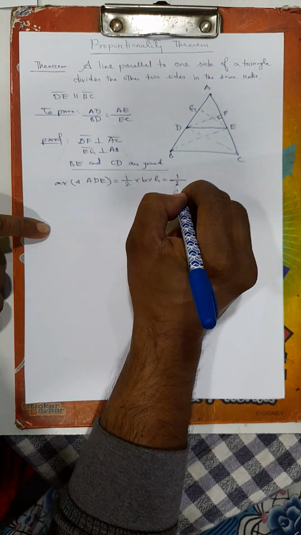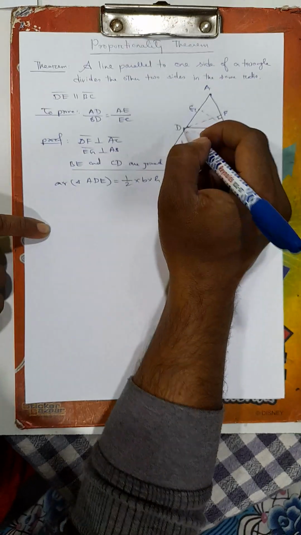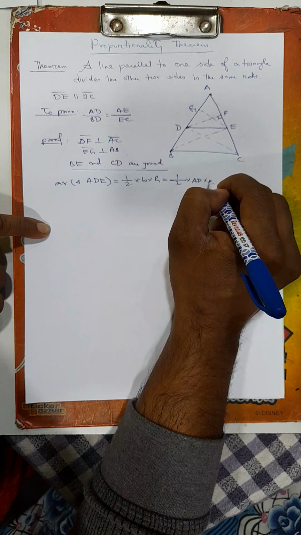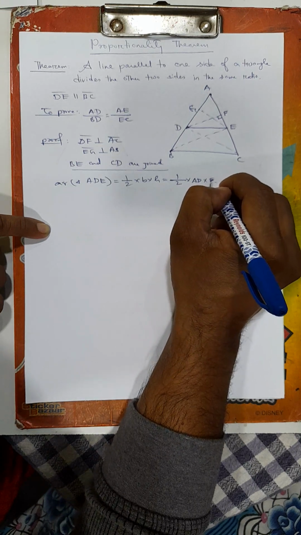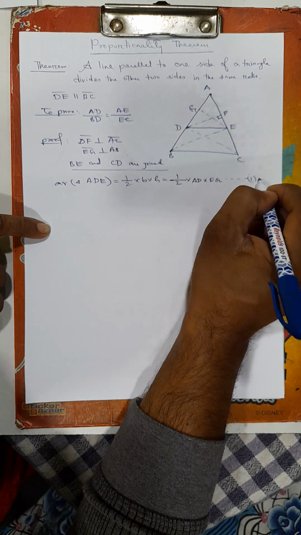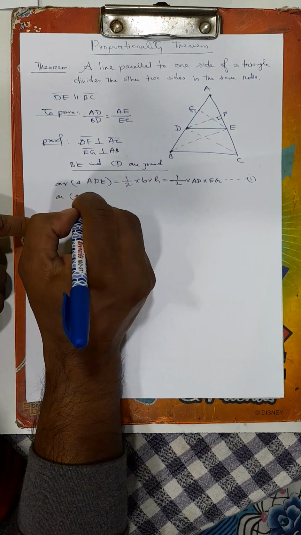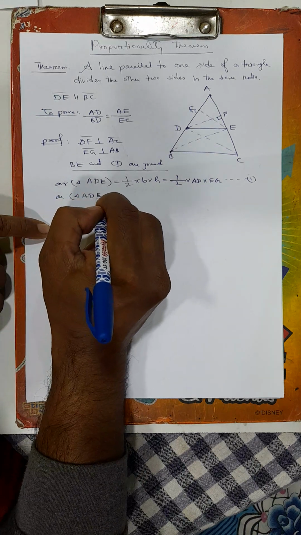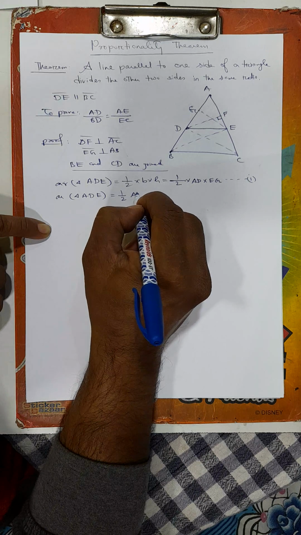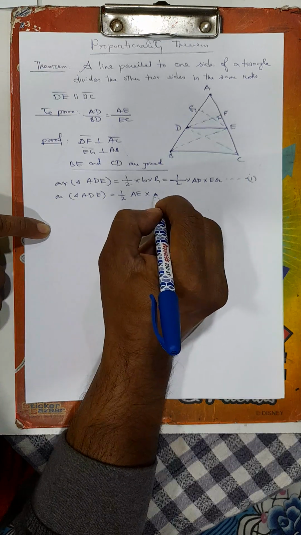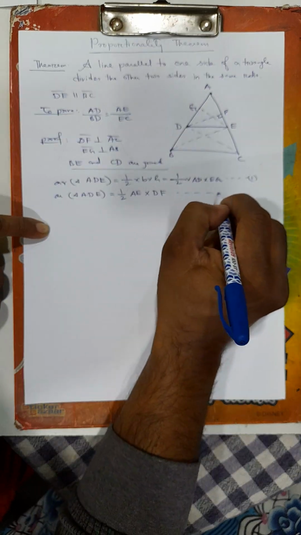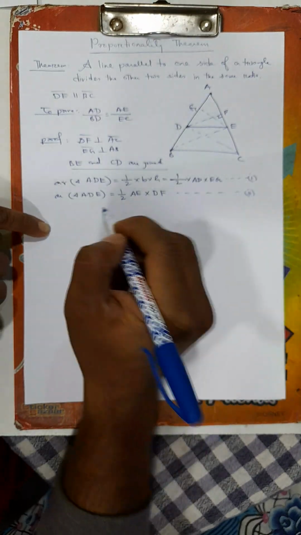So what is base? Considering AD as the base, half of base into height EG, right? This is 1. Again, area of triangle ADE. If you consider AE as the base, then perpendicular will be DF, right? This is 2.